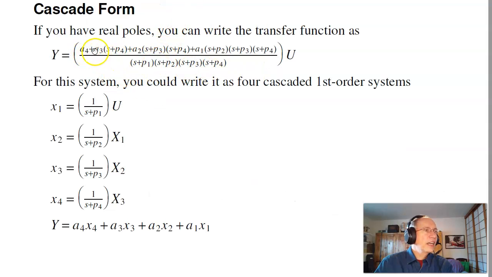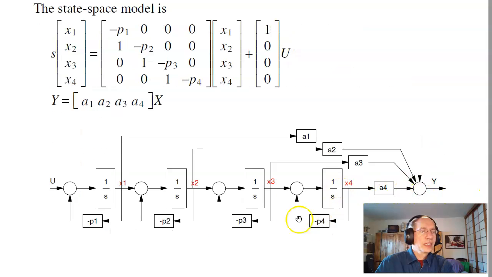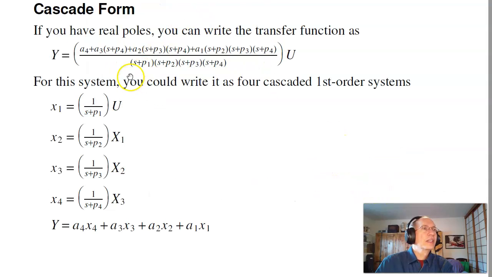Essentially, a4 is just your constant over s plus p4, s plus p3, s plus p2 times s plus p1. a3 is the same thing, but I have essentially s plus p4, so the p4s cancel, and I have a3 going over cubic, a2 going over quadratic, a1 just is over s plus p1.